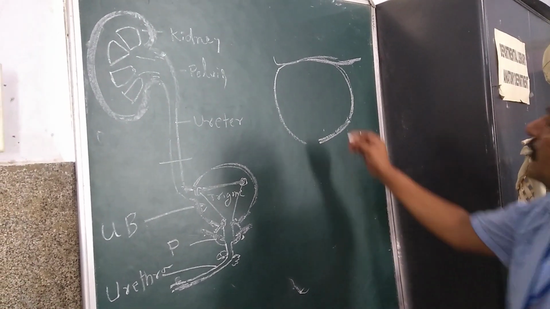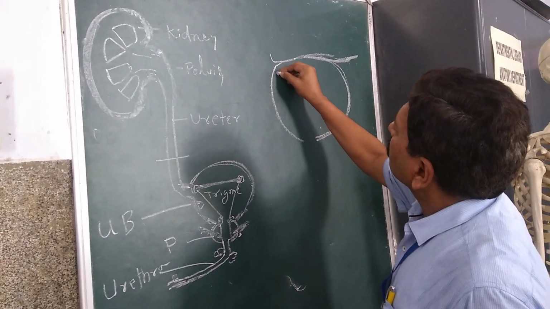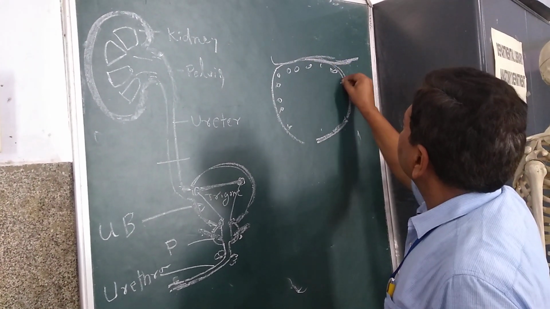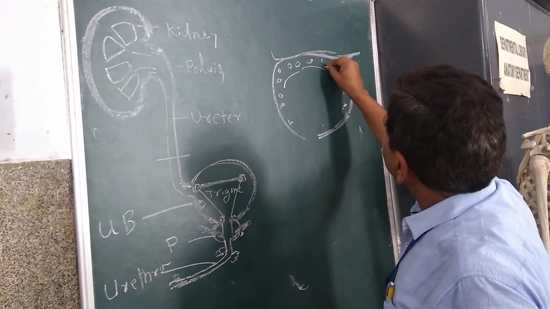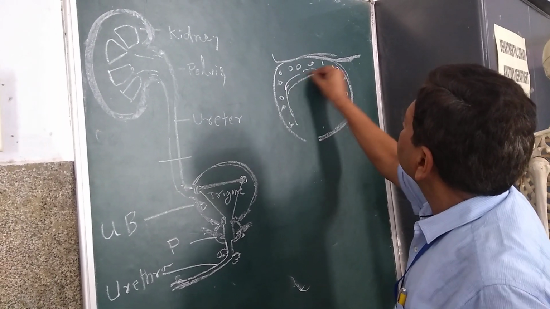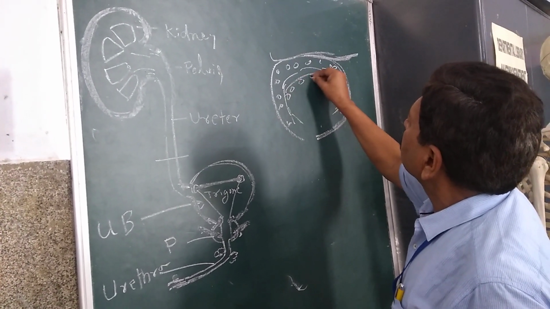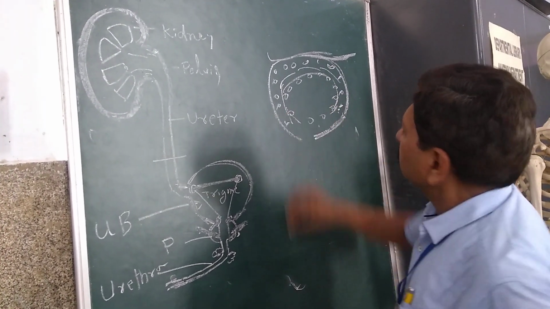Next to the fibrous layer, there is a thick muscular layer. This is a transverse section of the urinary bladder: outer longitudinal, middle circular and inner longitudinal. The muscular coat is very thick.